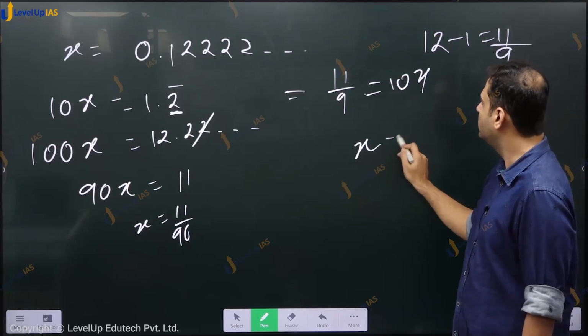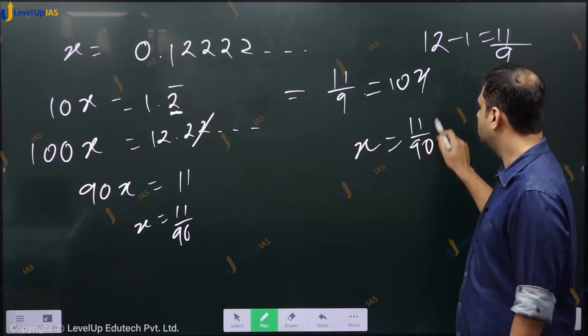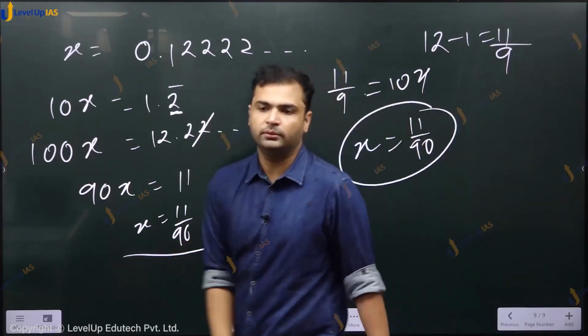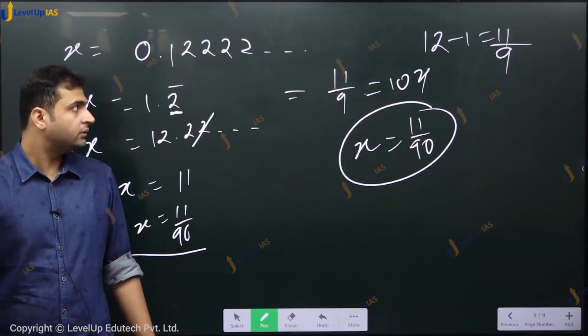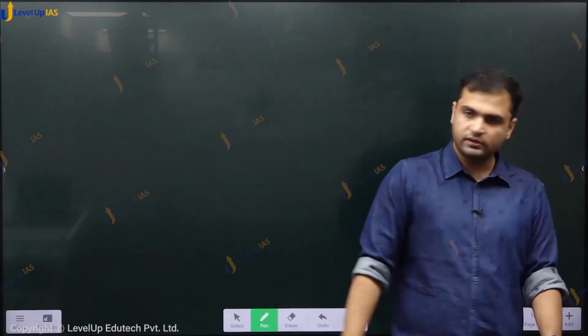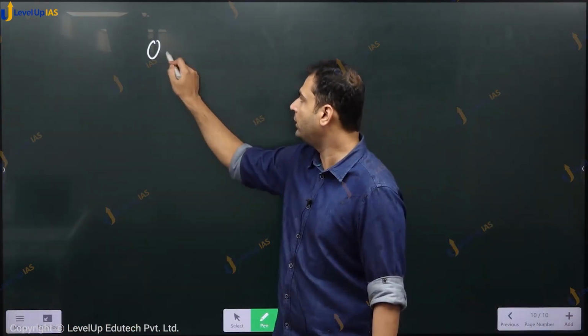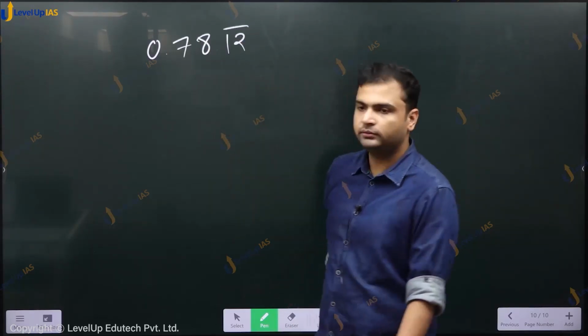So x is equal to, 10 से इधर divide कर दो, 11 by 90, which is what we got anyway. Right? Let us try some more. 0.7812 bar.